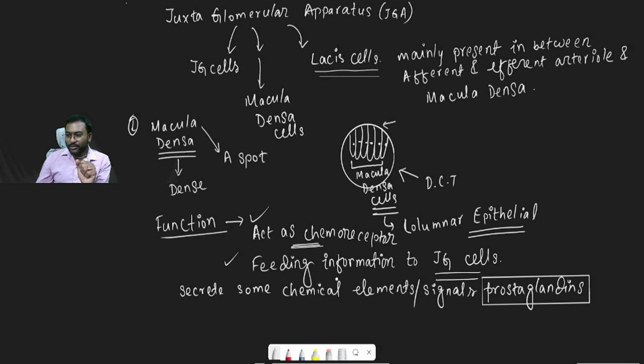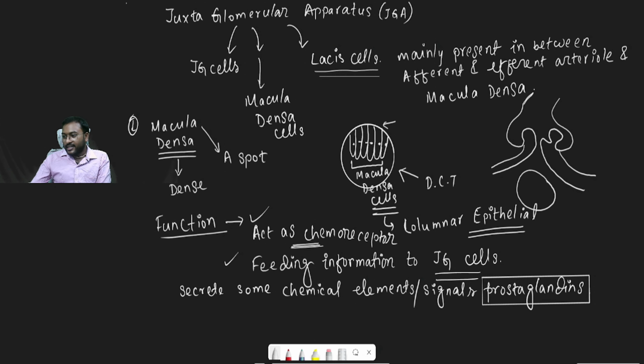Okay, so if I try to make an image or diagram, this is the JGA, the juxtaglomerular apparatus, where this is known as the DCT.